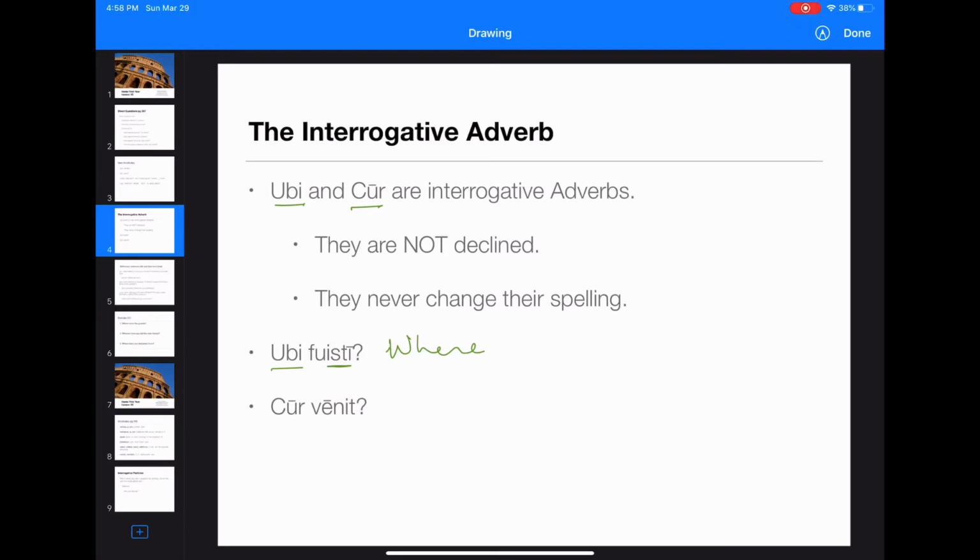So where were you? And cur venit is our other example. Here we have a third person singular, and this is in the present tense. So why does he come?